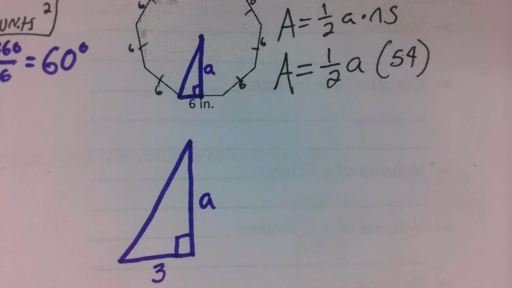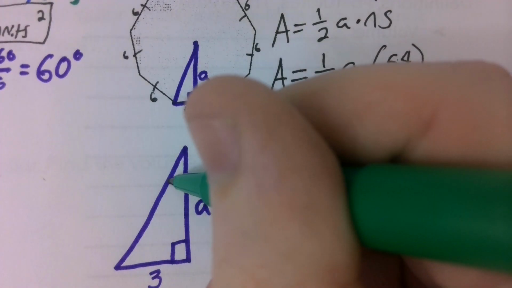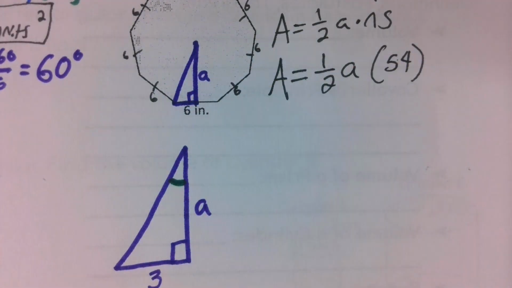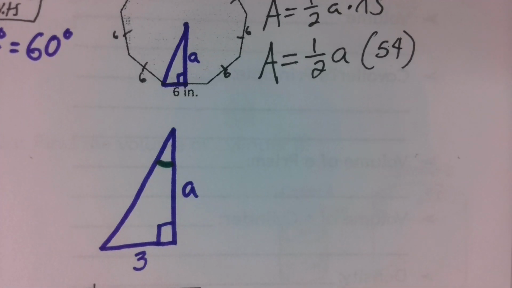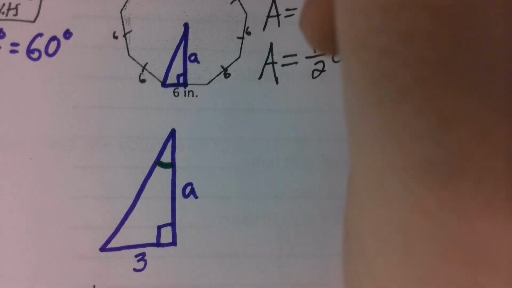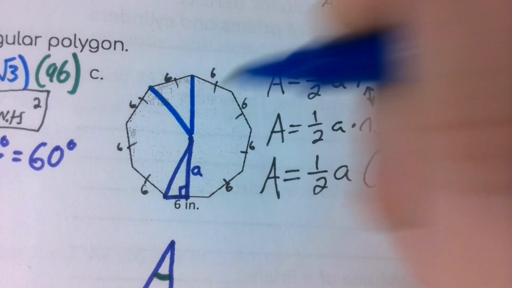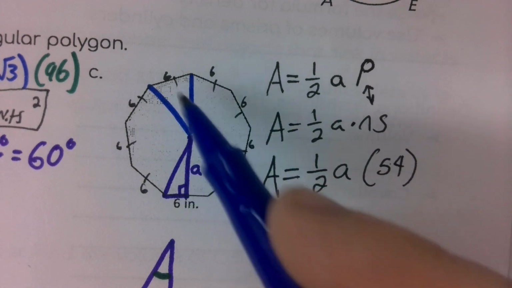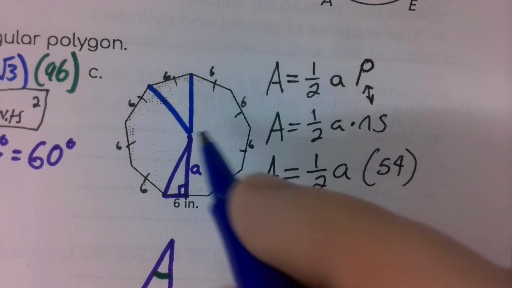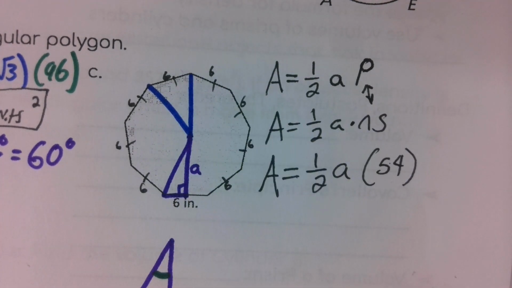All we need in order to solve for A is this missing angle right up here. So how do we find it? Well, recall that we can find the central angle of one of these polygons, then cut it in half. So let's find the central angle.